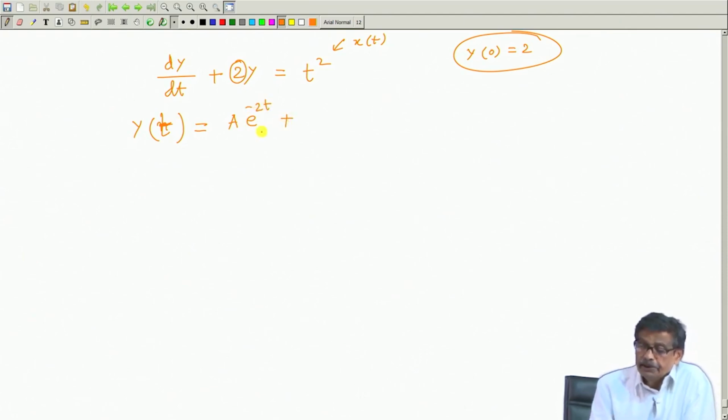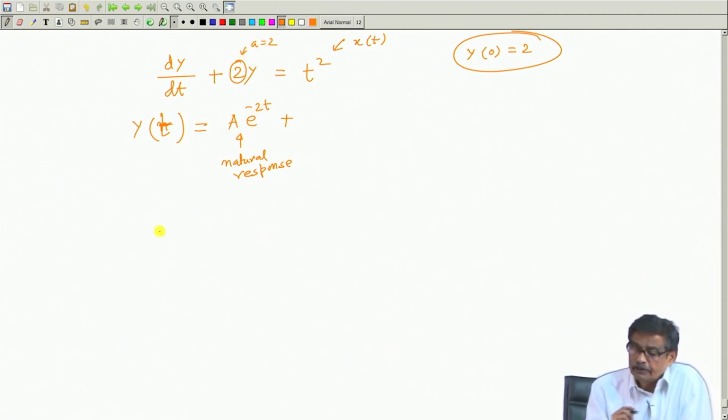So this is the natural response. Straight away I will write a e to the power minus 2t, where the value of a is equal to 2 in this particular case. This term is the natural response. Then plus the solution due to the forcing function, which I am putting in a bracket.